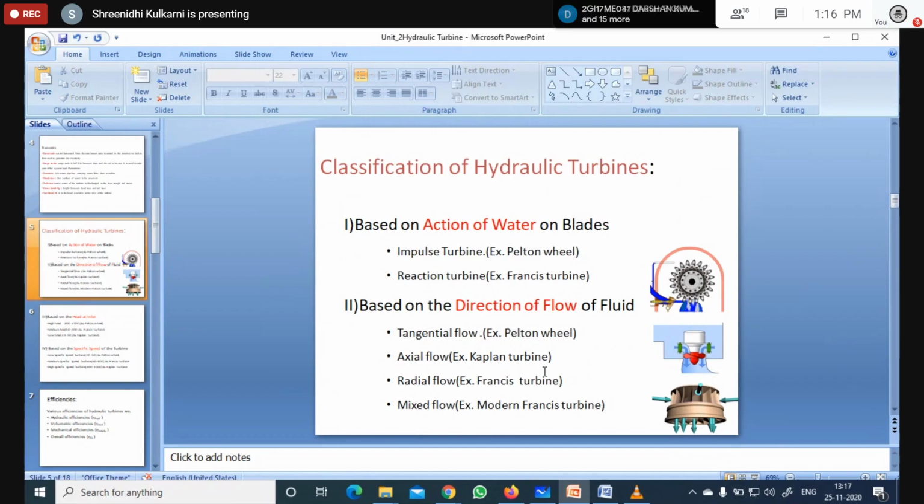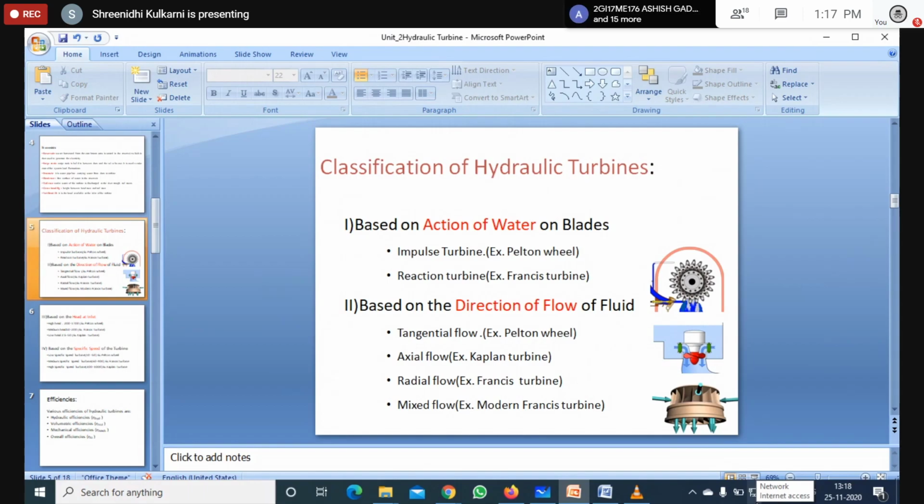You just see the slides and tell the characteristics of a Pelton turbine or Pelton wheel. I think all are sleeping. Okay, no problem, tell the characteristics.